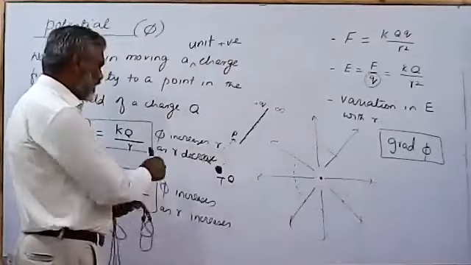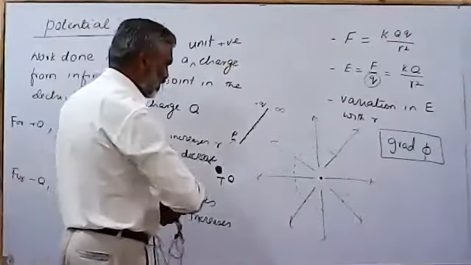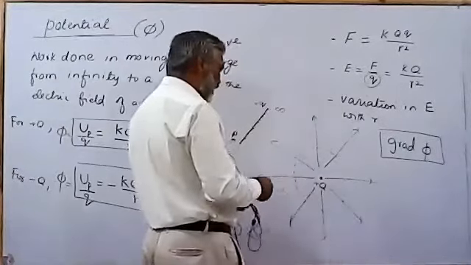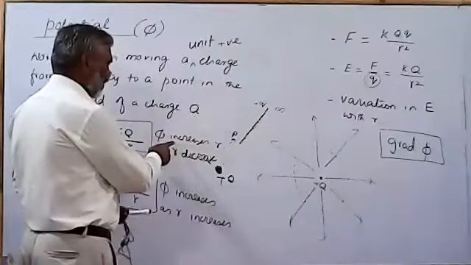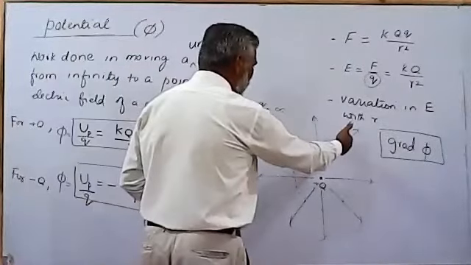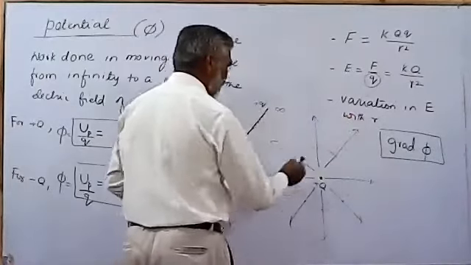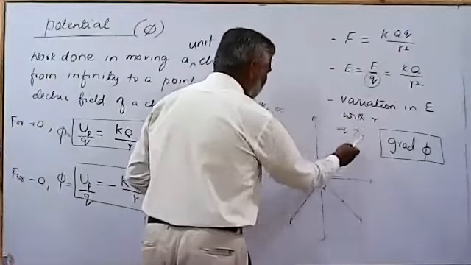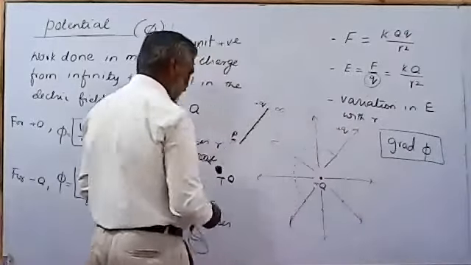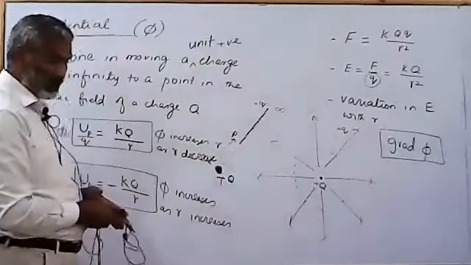Potential is increasing if R decreases. So in this case, if it is positive, potential increases as you move the charge towards this, because you have a positive charge here. If you move that small positive charge towards this charge, its potential will increase.